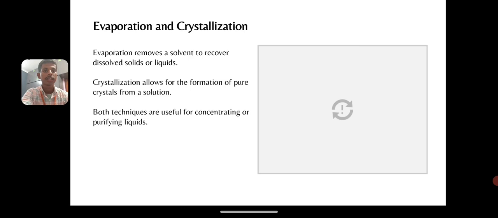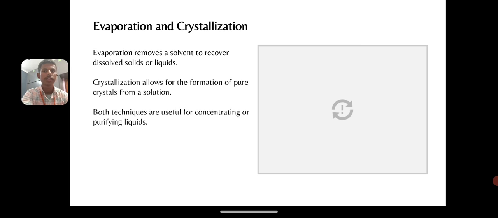Now let us discuss evaporation and crystallization. These methods are ideal when we want to recover a dissolved solid or concentrate a solution. Evaporation. Evaporation is used to remove a solvent by heating. Example, we can get salt from seawater. Crystallization.